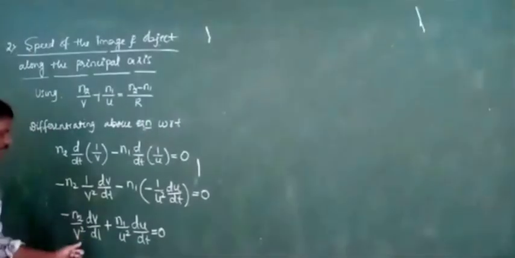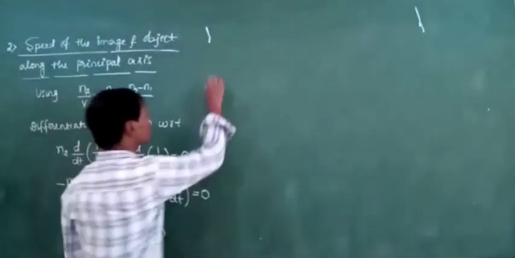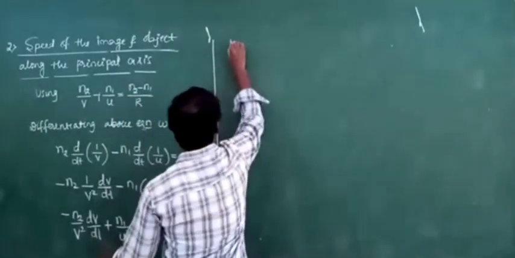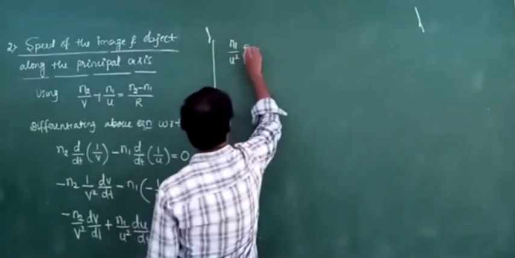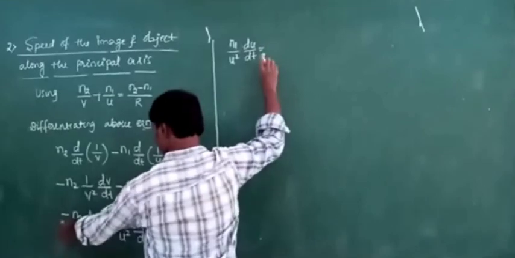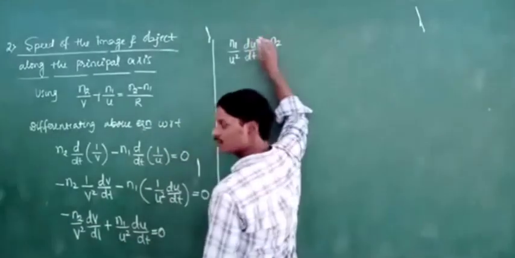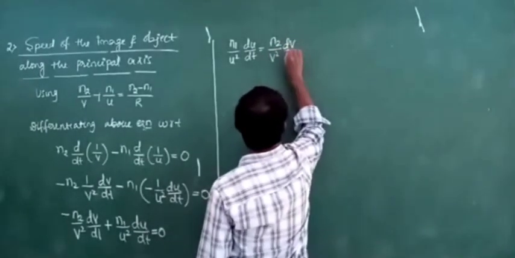I will take this negative term to the right hand side, and that becomes positive. n1 by u square du by dt is equal to n2 by v square dv by dt.